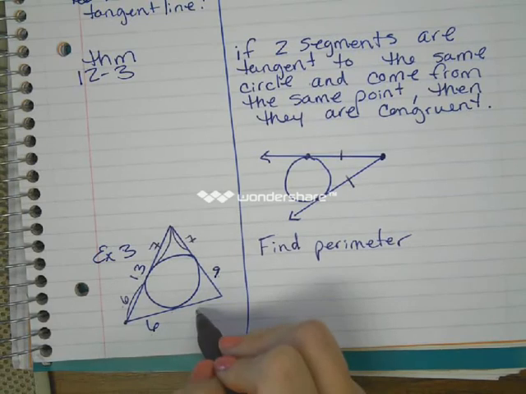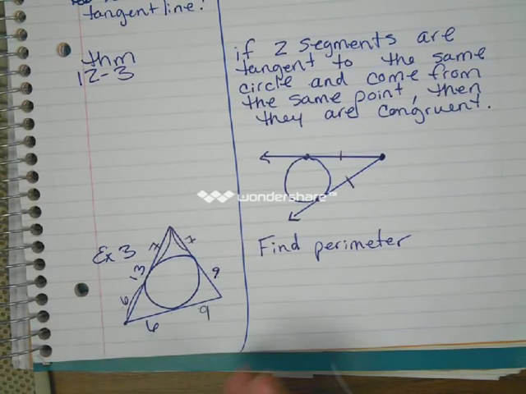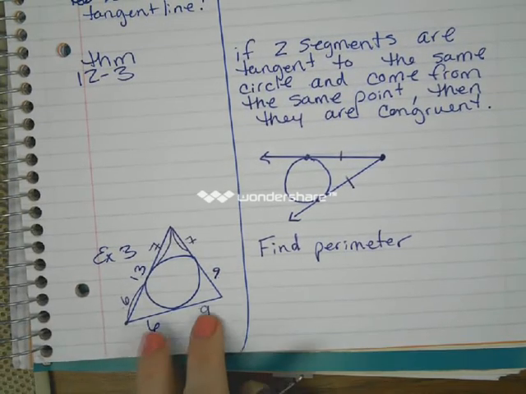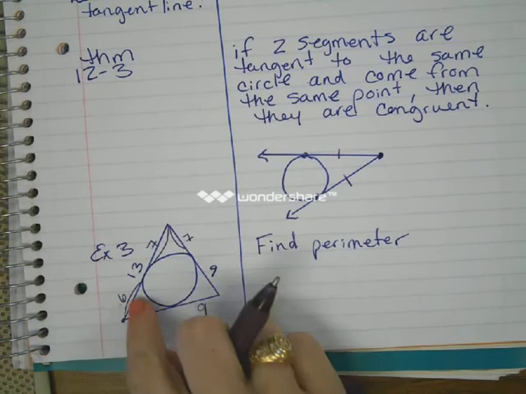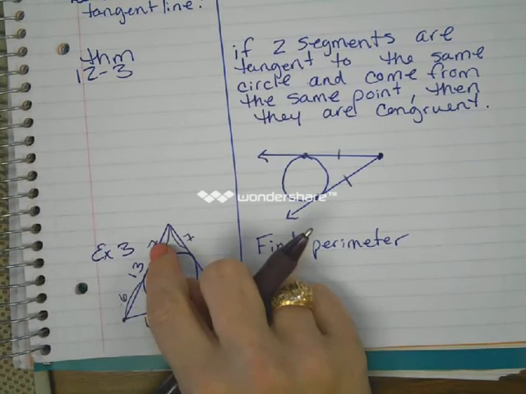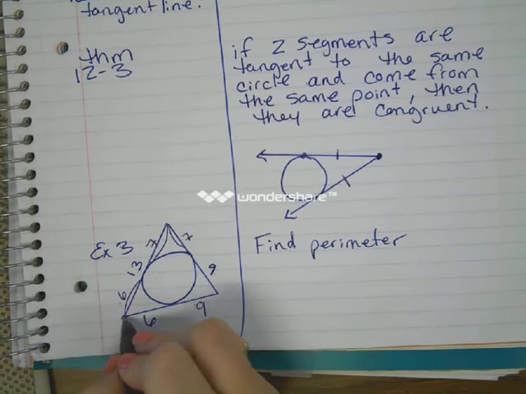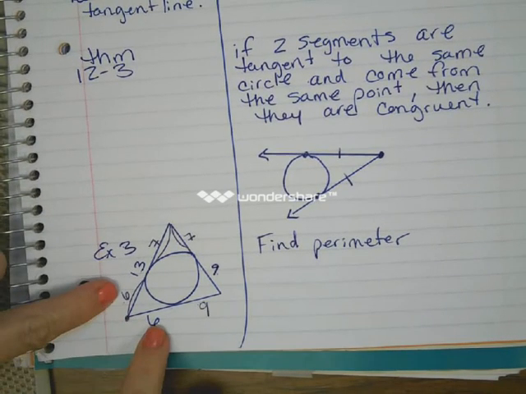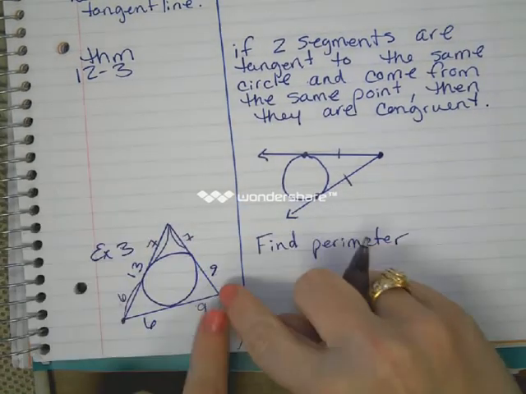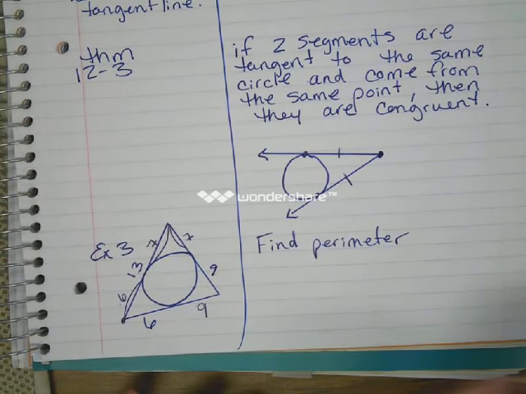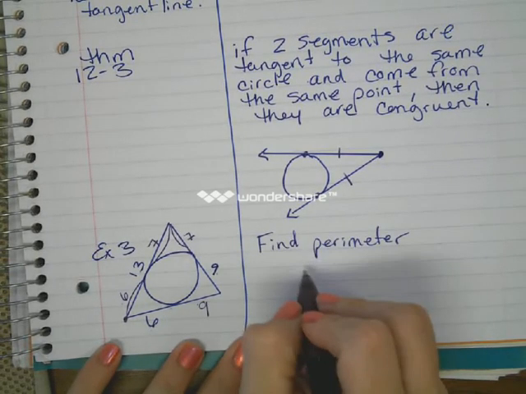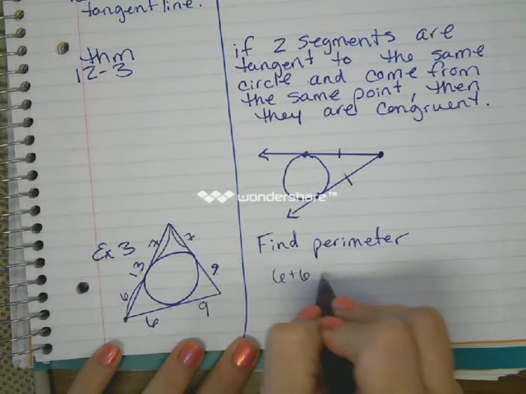The biggest mistake people make is thinking that these two have to be equal. A lot of people would tell me that this is 6, so that has to be 6. It's not true. You're only looking from the vertices. Those are equal, and those are equal. And then for the perimeter, just add it all up. So 6 plus 6 plus 7 plus 7 plus 9 plus 9.